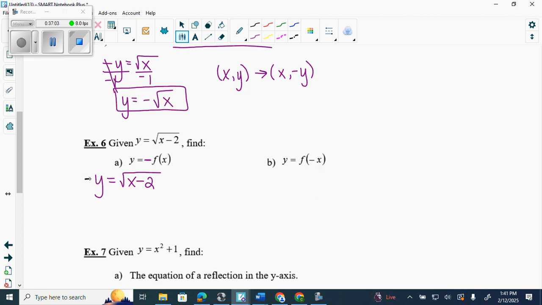How do I move that? Divide by? Yeah, -1. And I can't put it under the radical, because if I put the -1 under the radical, what's my problem? It's with the x, and I don't want it with the x. So it's going to be y equals negative root of x minus 2.